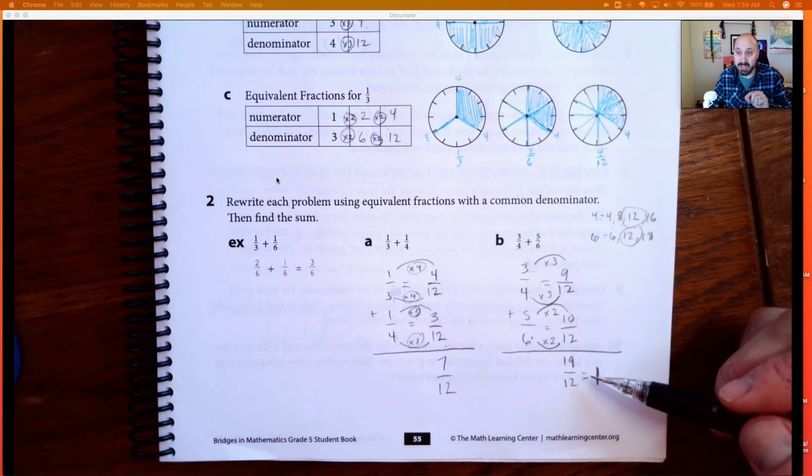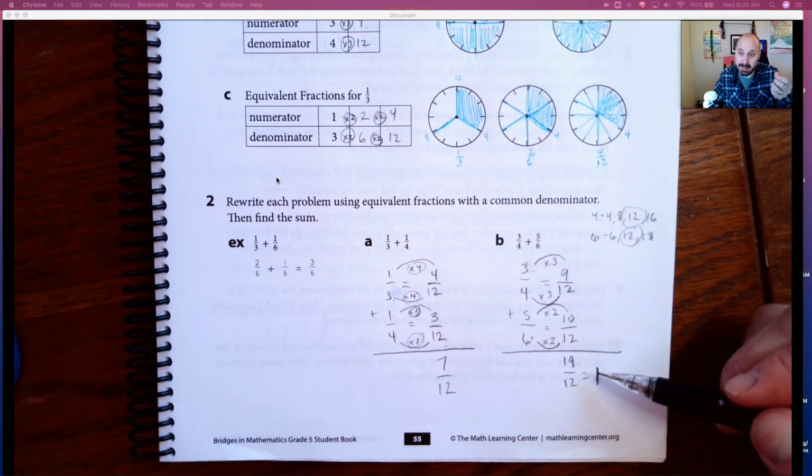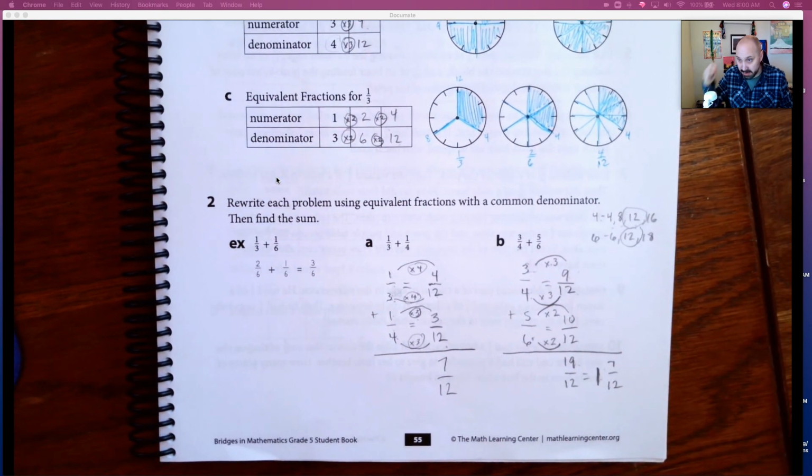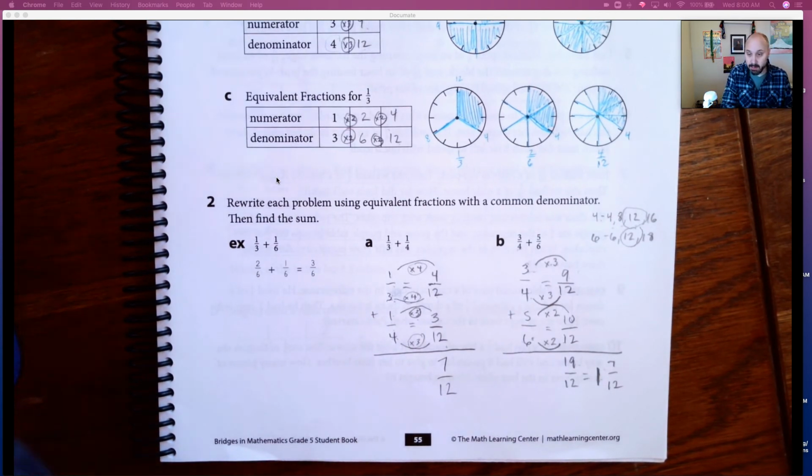Or how much is it to count up to 19, or subtract 19 minus 12? So 13, 14, 15, 16, 17, 18, 19. 7. Good. So that's our numerator. And our denominator always stays the same, and we don't need to simplify 7 twelfths. That's it. 1 and 7 twelfths.